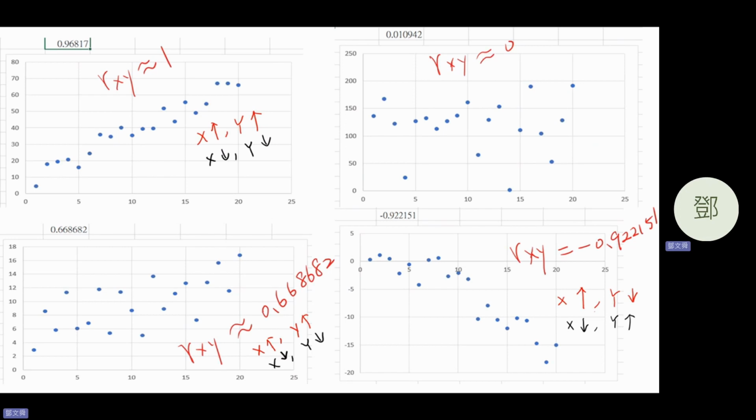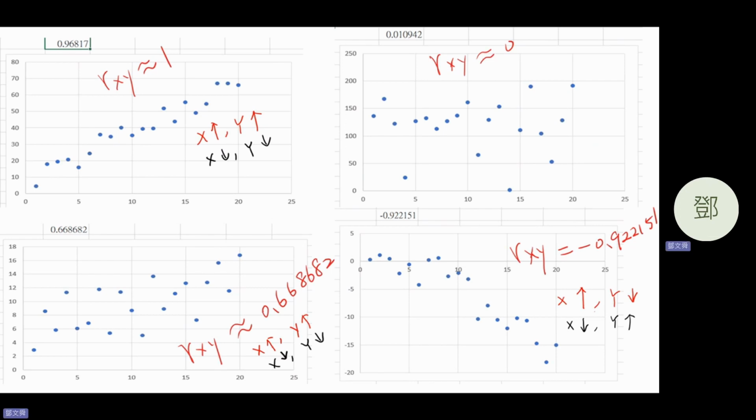Why? Because cosine theta, or the sample correlation coefficient, is 0.9617, which is very close to 1. They have strongly similar orientation between X and Y.